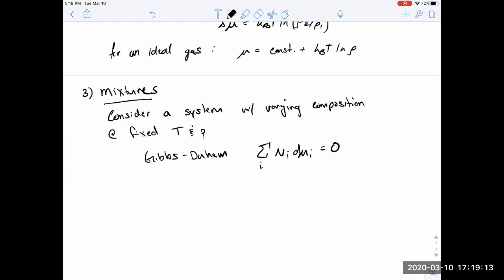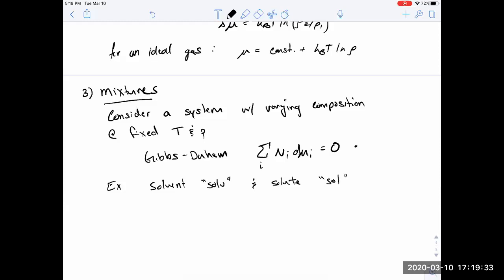Now imagine I have two components, a solvent, which we'll denote solv, and a solute, denoted sol.